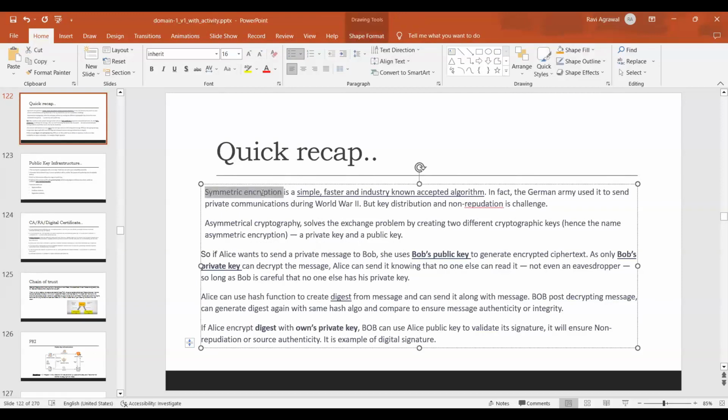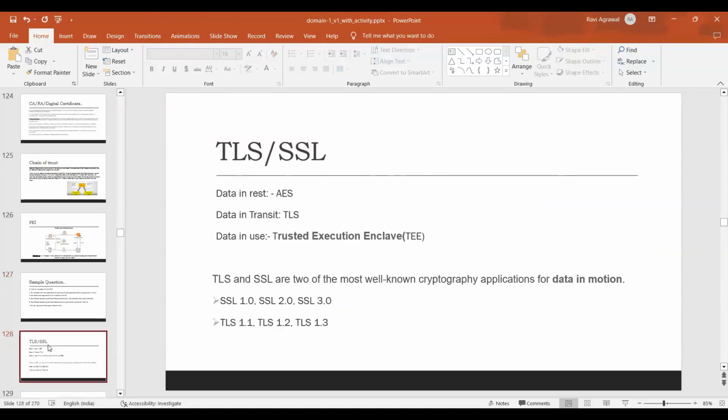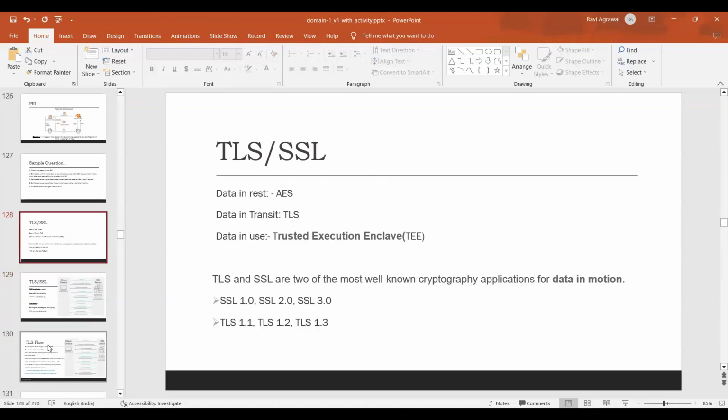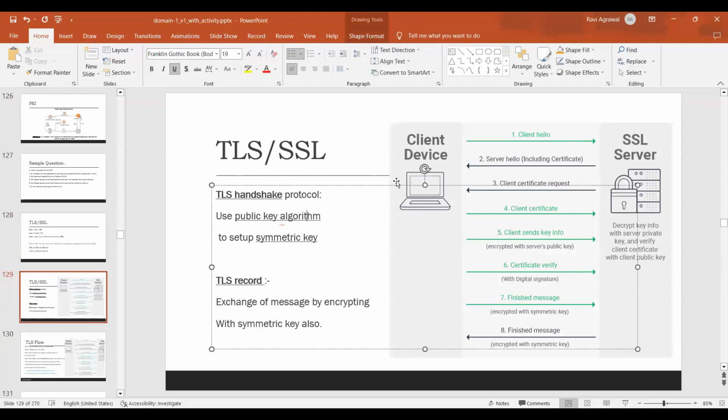In symmetric key, both the keys are the same, but in asymmetric key, you use the receiver's public key to send a message. First, we need the receiver's public key. And once we have it, we can use it to send a message.